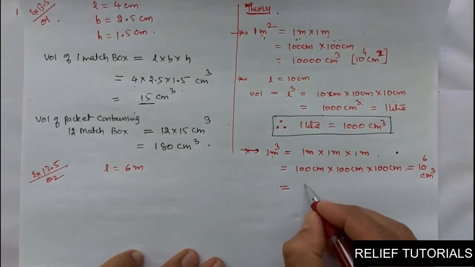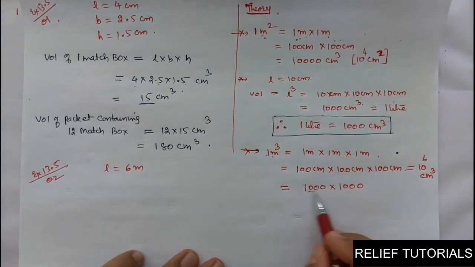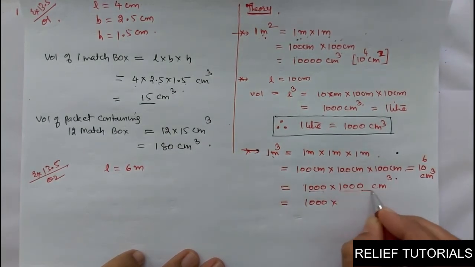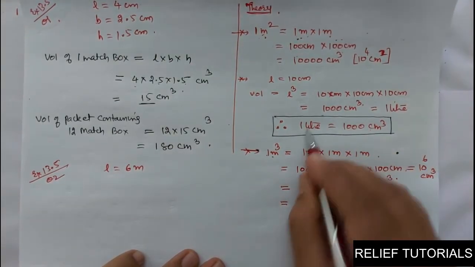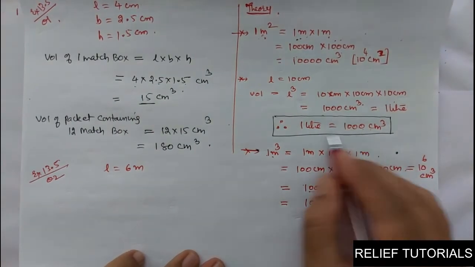I can also write this way: 1000 into 1000, total 6 zeros, centimeter cube. Now 1000 centimeter cube is equal to what? 1 liter. So in place of 1000 centimeter cube I can write 1 liter.